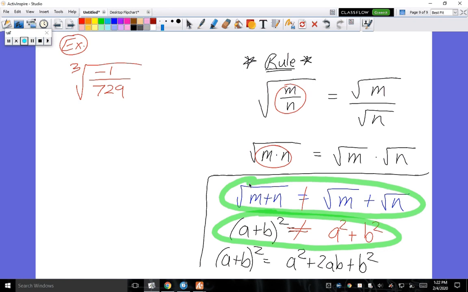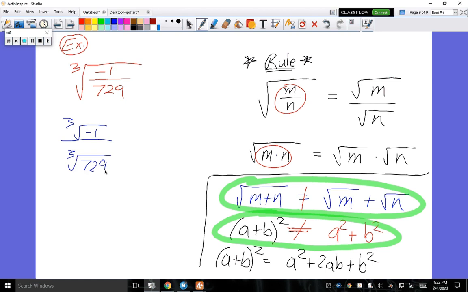Okay, and it has to do with one term versus 2 terms versus multiplicities, and then those are your examples. Okay. So now, I'm going to use one of these rules to break this up. And I have the cube root of negative 1 over the cube root of 729.